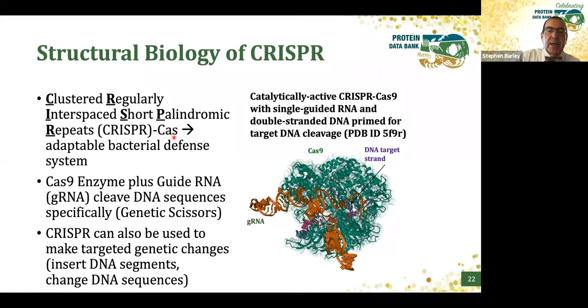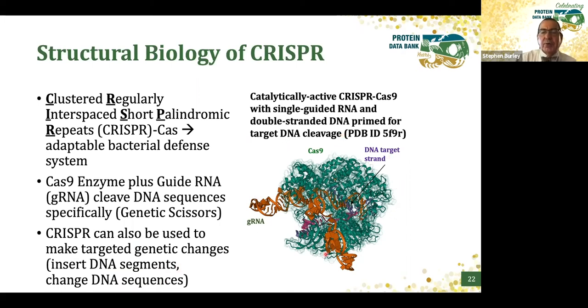And there is an enzyme known as Cas9, which is part of a bacterial defense system, which can be repurposed to act as a pair of genetic scissors. It can also be repurposed to insert particular DNA sequences into a genome at a defined position, or change DNA sequences in a genome at a particular position.